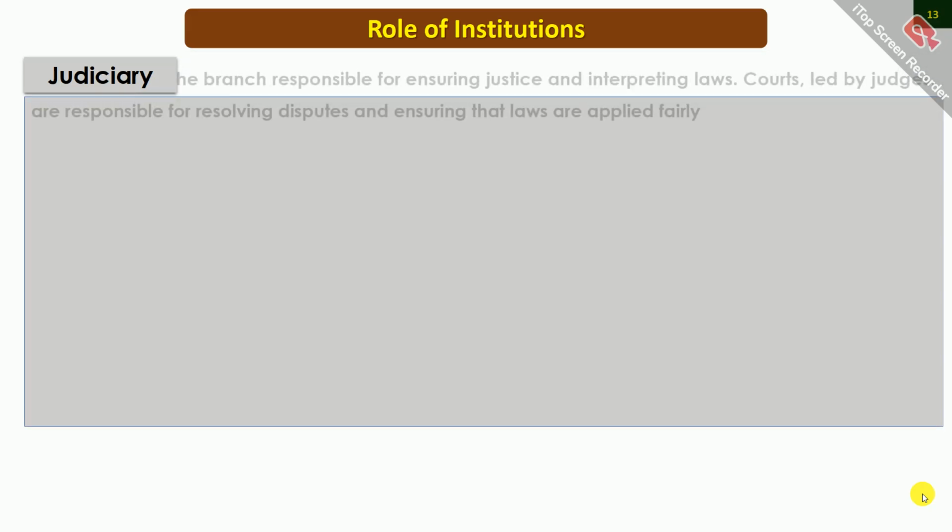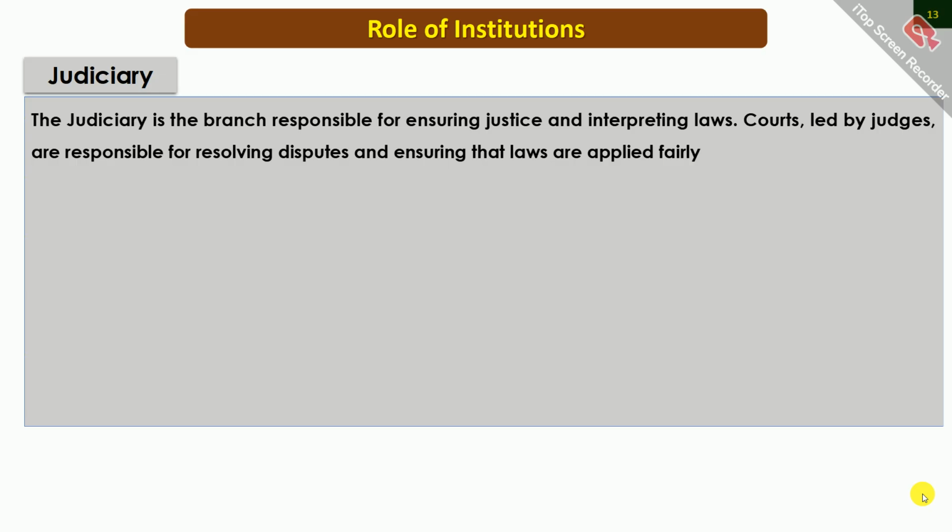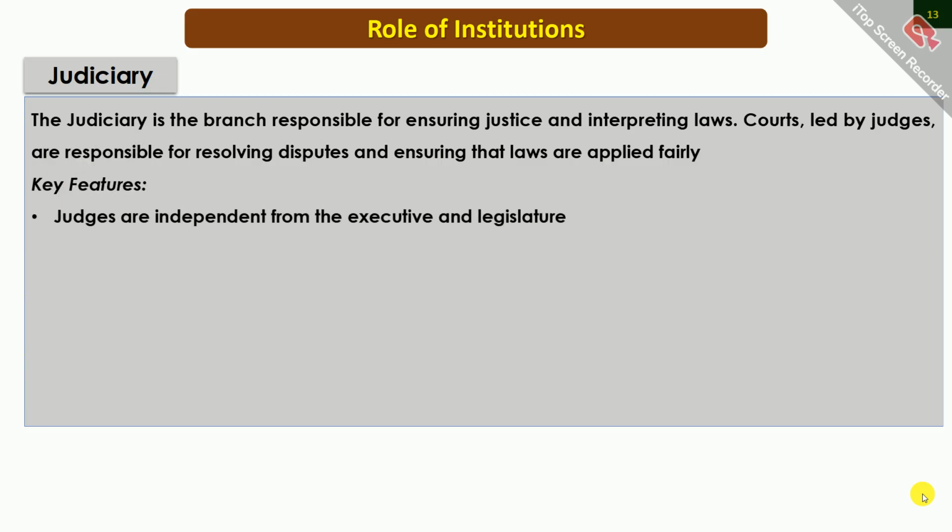We will discuss judiciary. Judiciary is the branch responsible for ensuring justice and interpreting laws. Courts led by judges are responsible for resolving disputes and ensuring that laws are applied fairly for all. Key features of judiciary include that judges are independent from the executive and legislature.